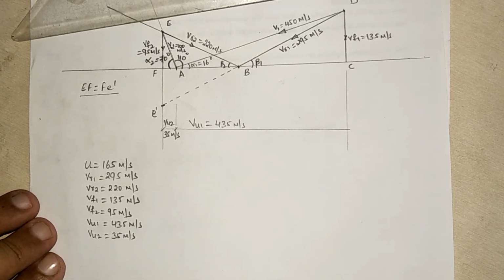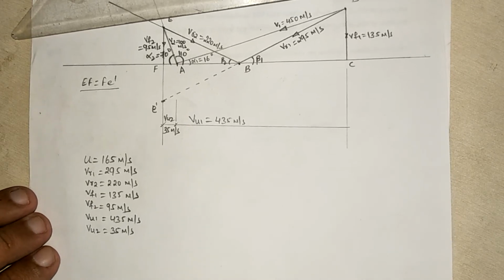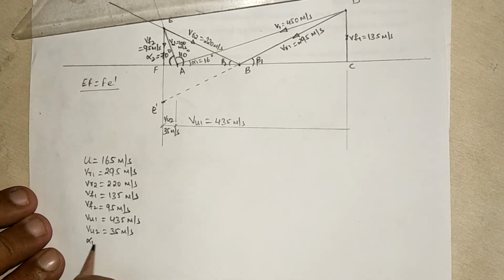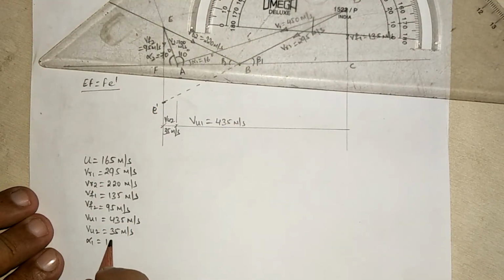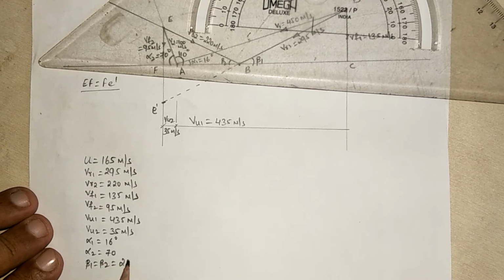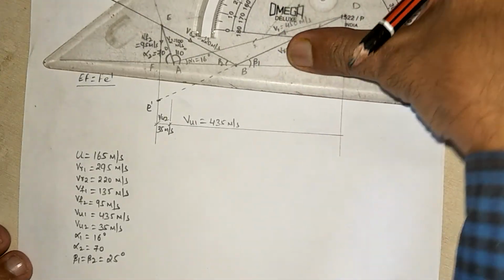Alpha 1 is already given, that is 16 degree. Alpha 2 is 70 degree, and beta 2 is 25 degree. We have obtained these from the velocity triangle.